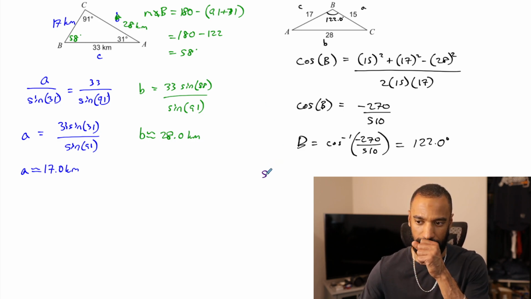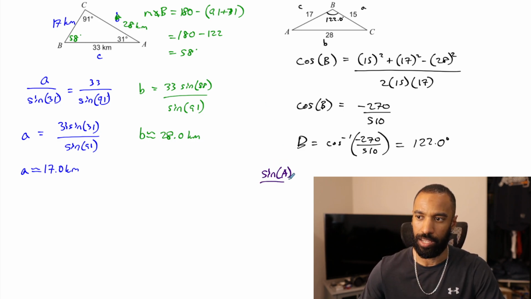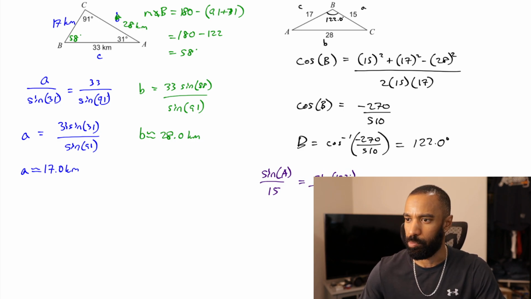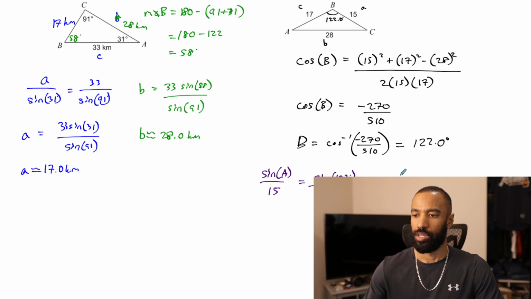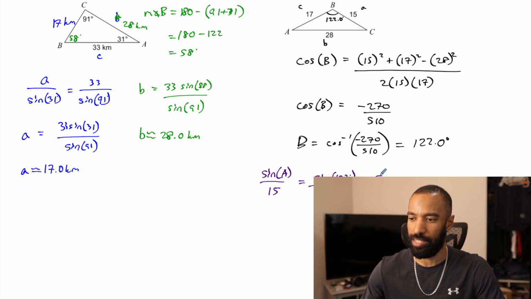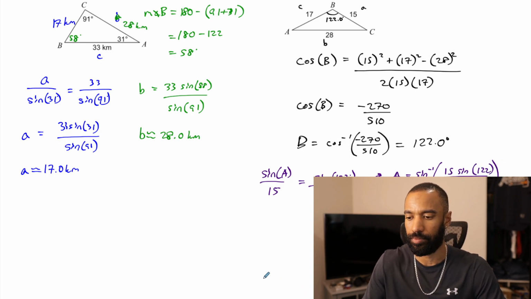So I'm going to say sine of A over a equals sine of B over, what's b? 28. So multiply both sides by 15 and take the inverse sine of both sides. So the inverse sine of 15 times sine of 122 over 28.